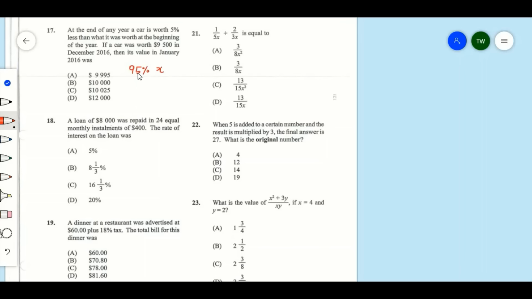And what we know is that the value of the car in January 2016 is going to be 95% of some money, which is X, which is going to equal the cost of the car at the beginning of the year, which is 9,500.